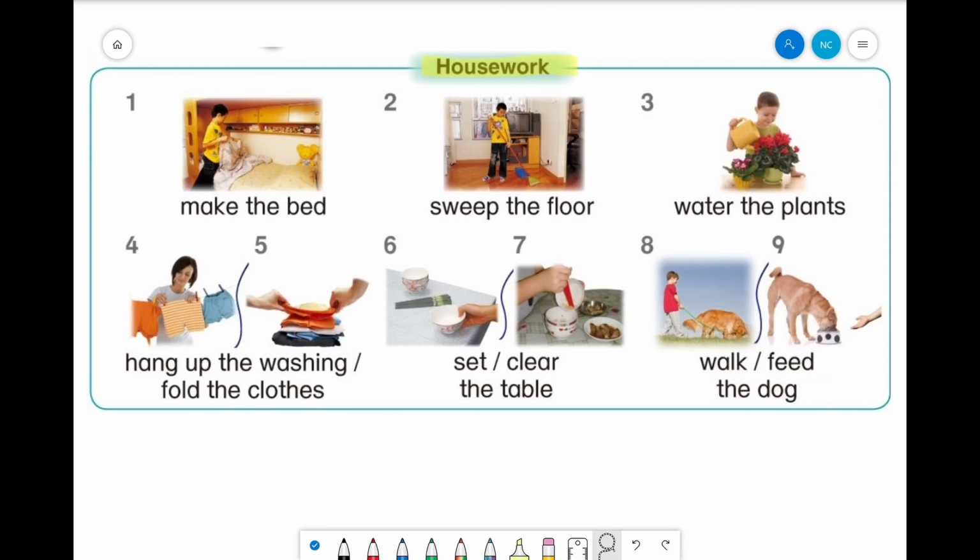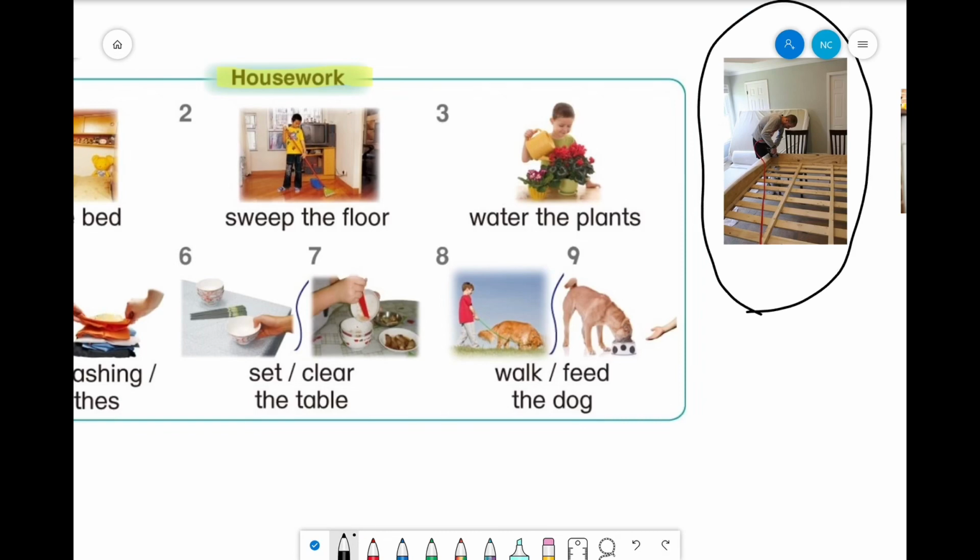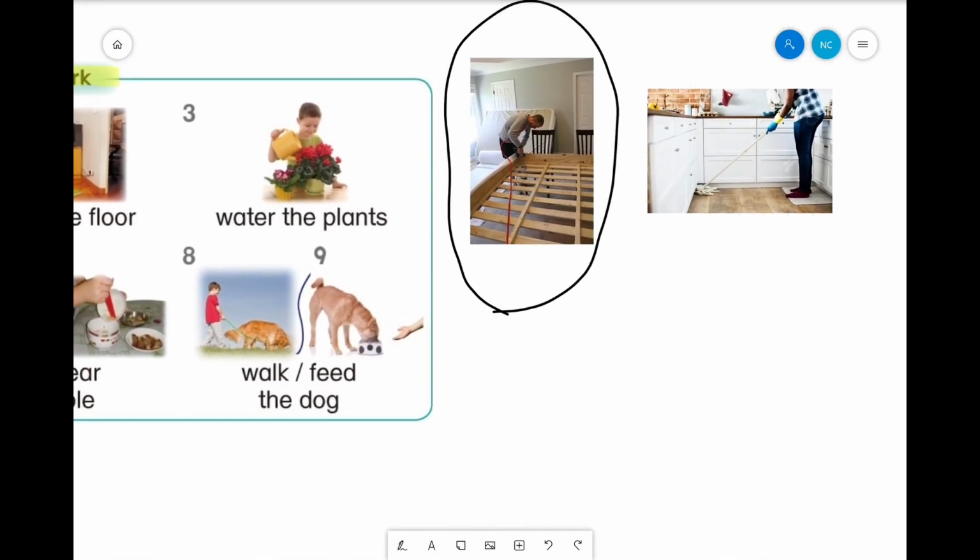The first one, make the bed. The action word is make. Let me ask you a question. Is the man in this picture on the right making a bed? The answer is no. What he is doing is actually called to build a bed.